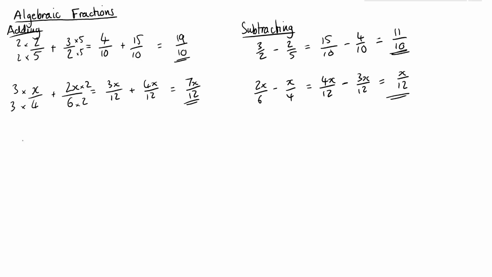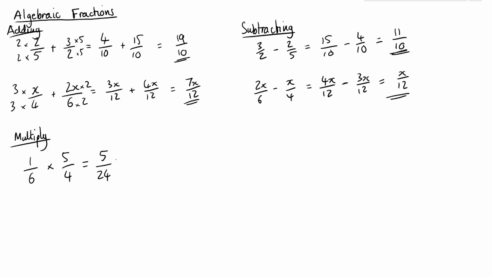If we wanted to multiply things, multiplication and division, if we wanted to multiply fractions, if we had 1 over 6 times 5 over 4, we just multiply the tops and get 5, then multiply the bottoms and get 24. See if we can simplify it. We can't in this case, so we leave it like that.